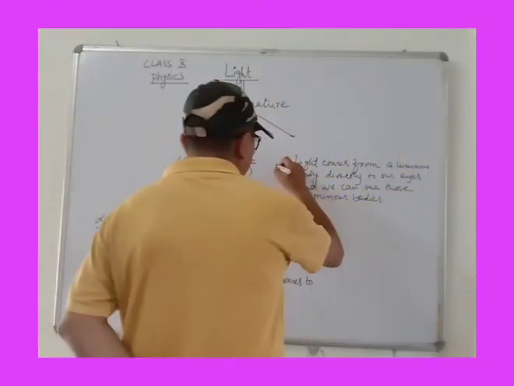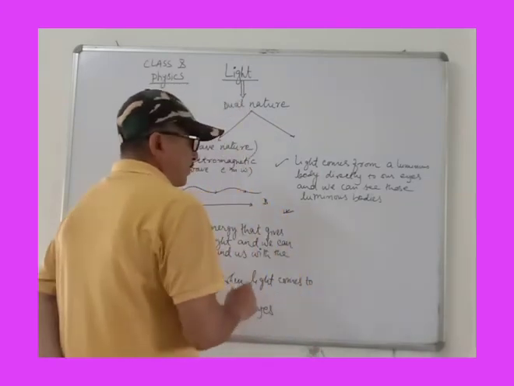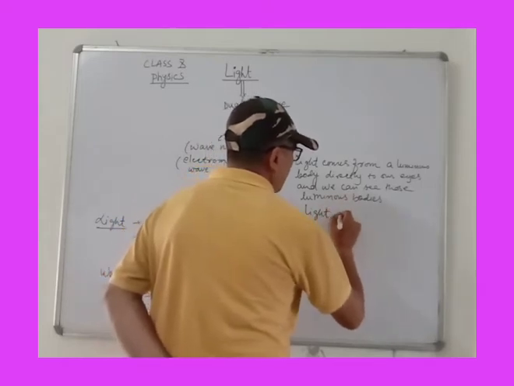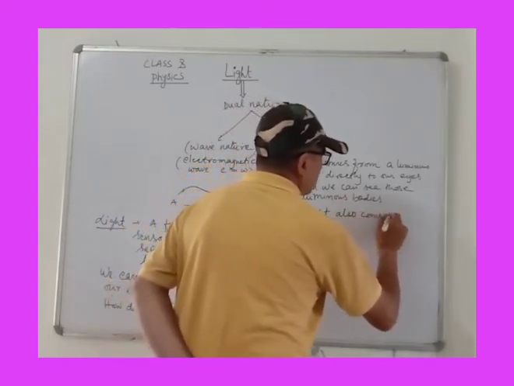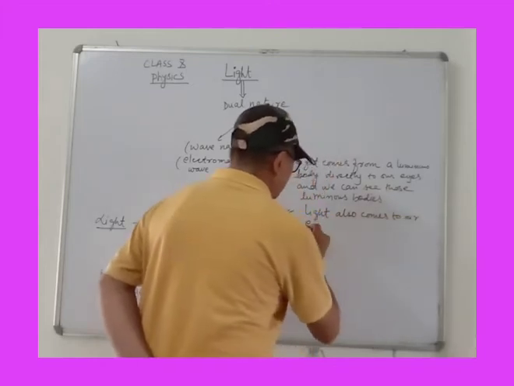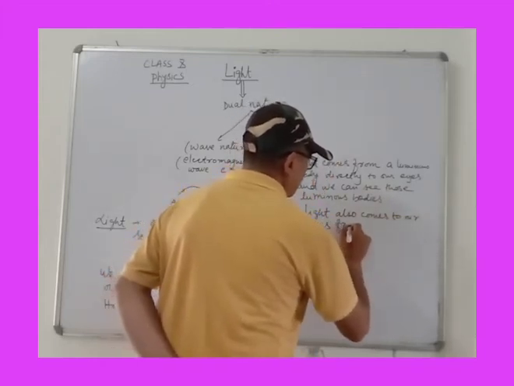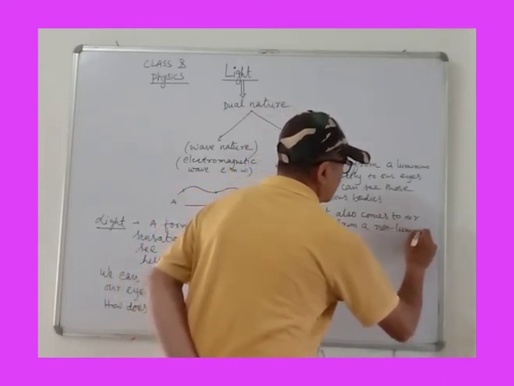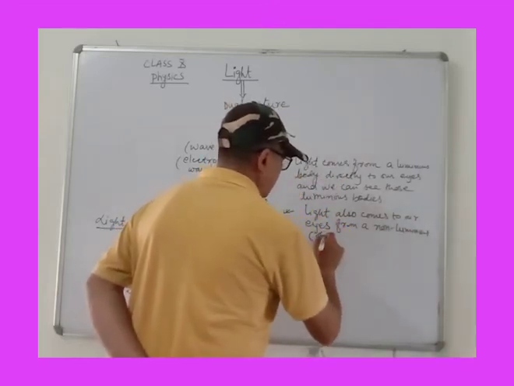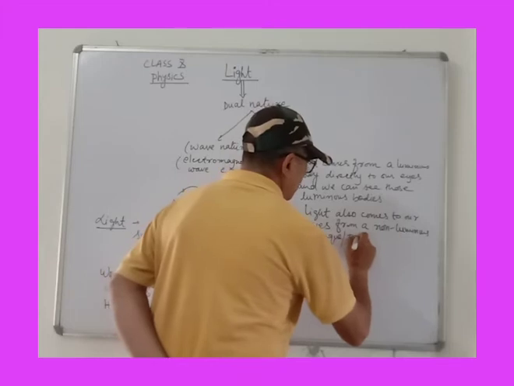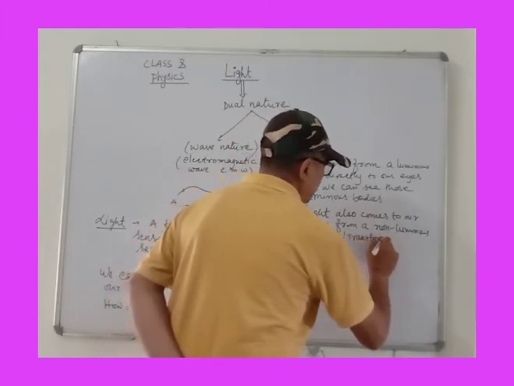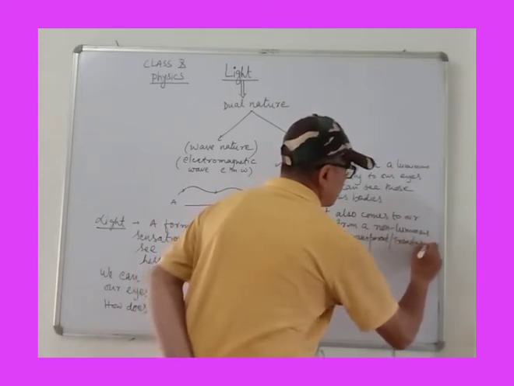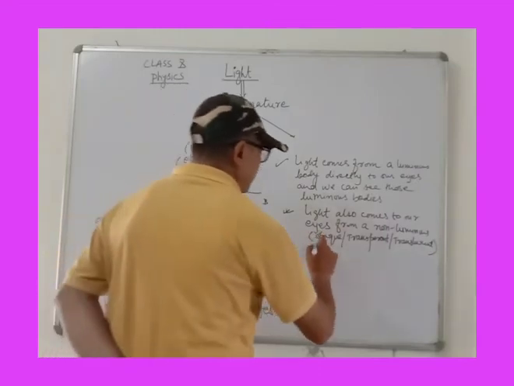Second thing is light also comes to our eyes from a non-luminous, opaque or transparent or translucent non-luminous bodies.